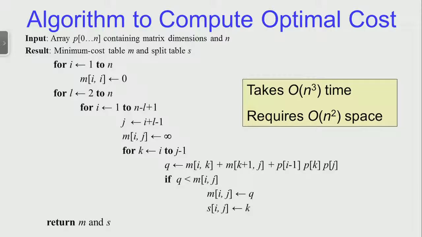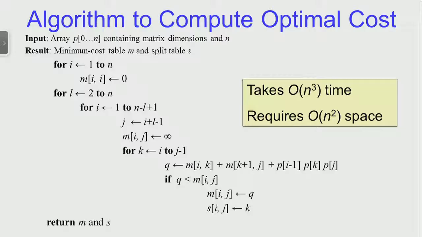So, in the second for loop, the initialization of the variable j to i plus L minus 1 is a choice of the appropriate element in the Lth diagonal.